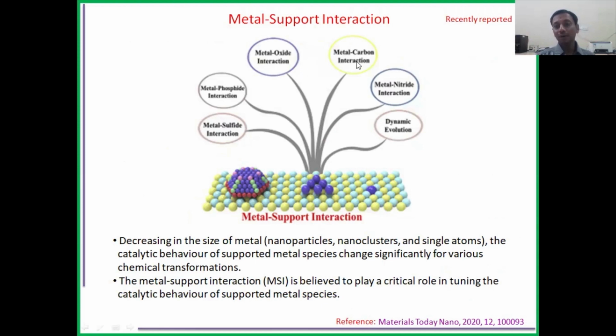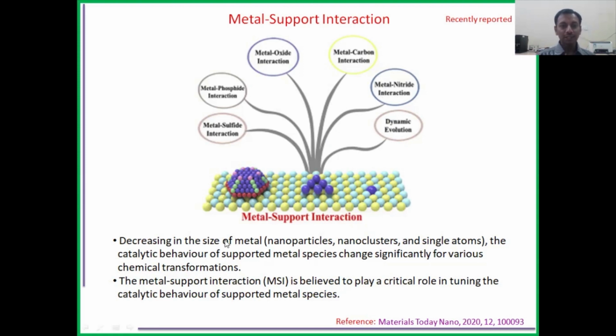It can be on carbon, metal carbon interaction, carbon like carbon nanotube, graphene, etc. The metals can be on a nitride support, that can be metal nitride interaction. So this type of metal support interaction is most important when we talk about heterogeneous catalysis systems.